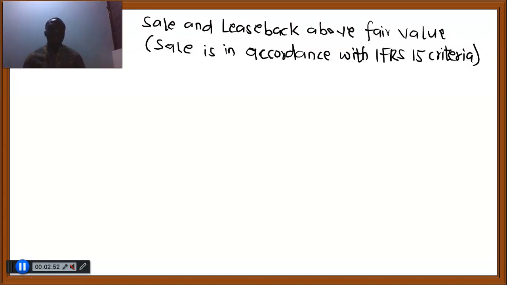In a situation where the sale and leaseback transaction is above fair value or above the market price, you go through 6 steps in order to journalize the transaction on the date of commencement of the lease, or on the date on which the transaction took place. The first thing is to recognize the sale proceeds.